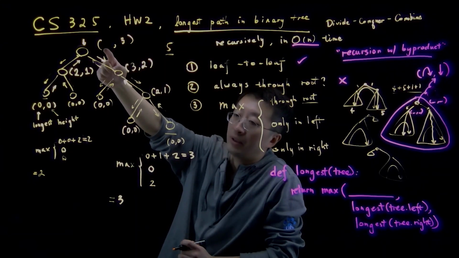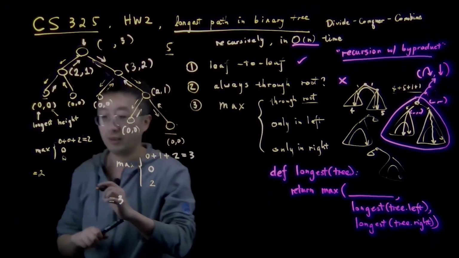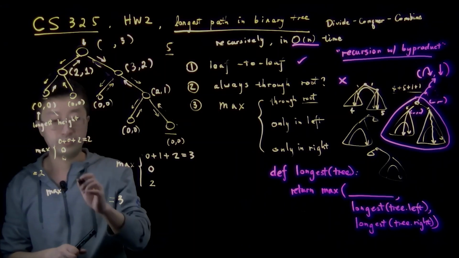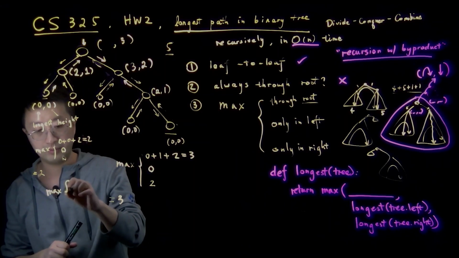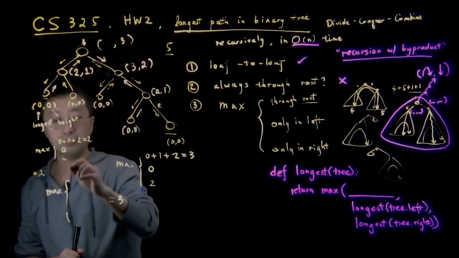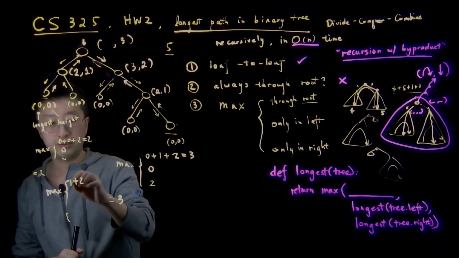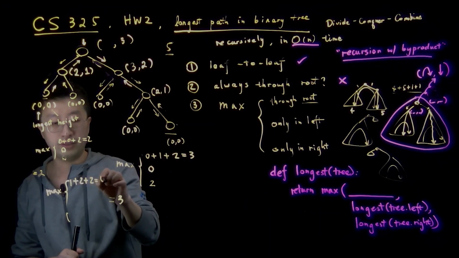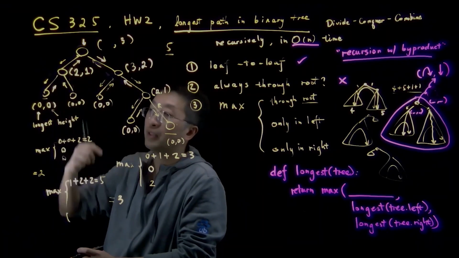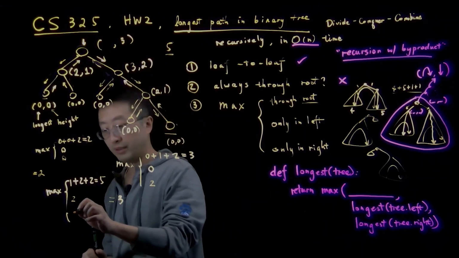And what's this other number? This number is the number we cared about, the longest path within this whole tree. And again, it's the max over the height here, 1, plus the height here, 2, plus 2, which is 5, or completely within left, that's 2, or completely within right, that's 3.